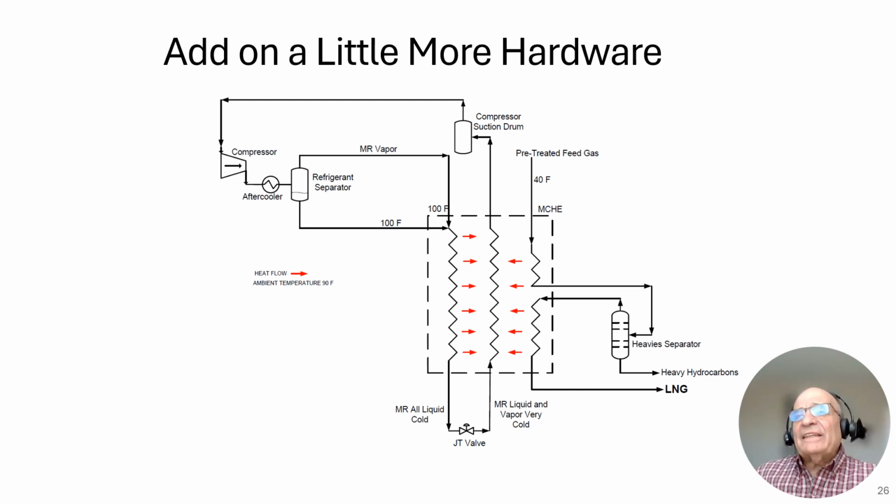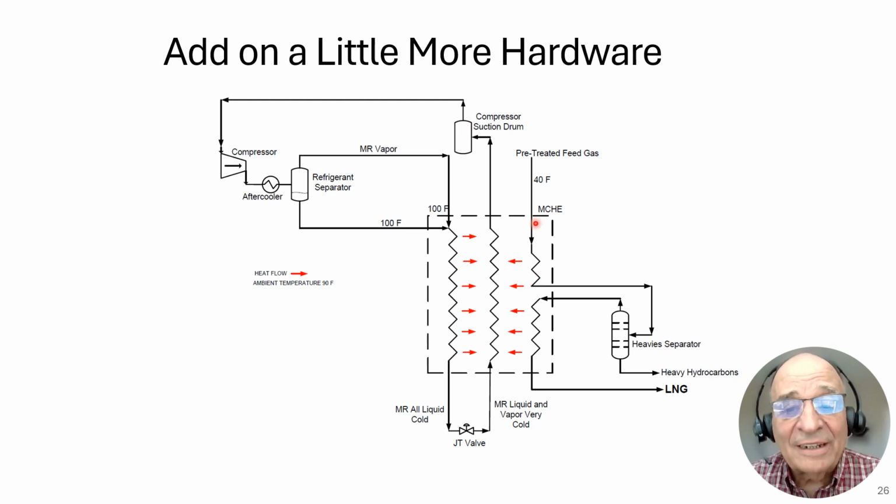Let's take a look at what's happening at the LNG end of this heat exchange. We have pre-treated feed gas. That means all the CO2, H2O, mercury, and water vapor have been taken out of it. That comes in here at 40 degrees Fahrenheit, is chilled somewhere around maybe minus 70 degrees Fahrenheit, goes to a heavies knockout because we still have in here some heavy hydrocarbons, hexanes and heptanes, maybe an octane in there, but you certainly want to get out things like benzene, ethylbenzene, xylene, toluene.